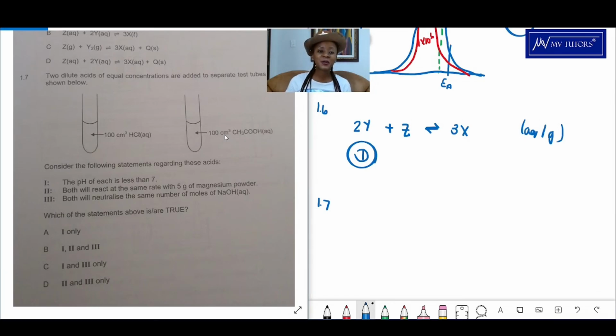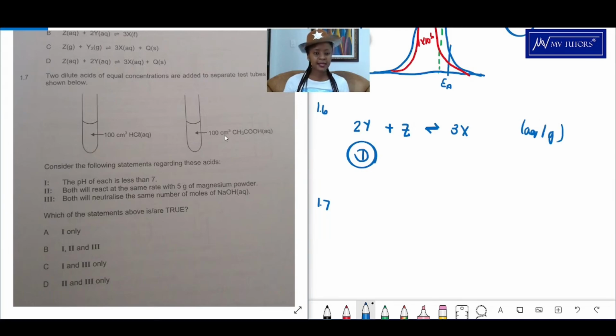But anyway, we have 100 cubic centimeters of hydrochloric acid and we have 100 cubic centimeters of ethanoic acid. Yes, 2 C's. Remember C for carboxylic acid. So we know that the carboxylic acid there is a weak acid. Normally organic acids are weaker. Hydrochloric acid is very strong.